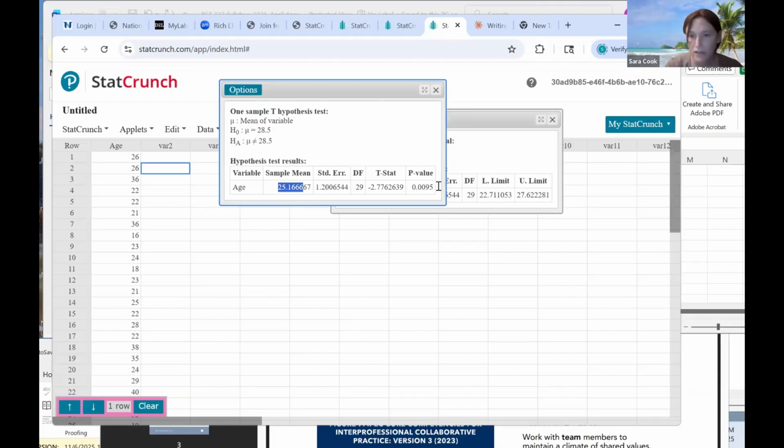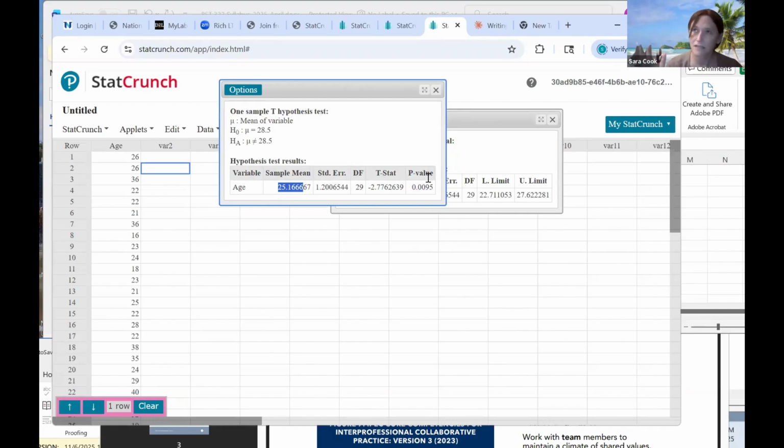Okay, so the p-value here is 0.0095. Our cutoff for what we consider a very low probability is less than 0.05. And that just comes from scientific convention. There's nothing fully magical about 0.05.